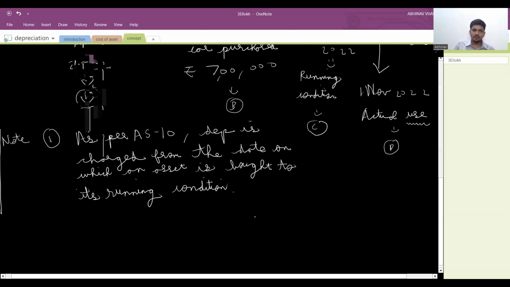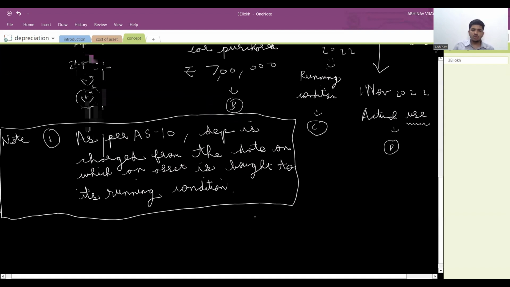Write this note down. As and when you're revising, you'll go through the notes also, so your concept will be clear every single time.